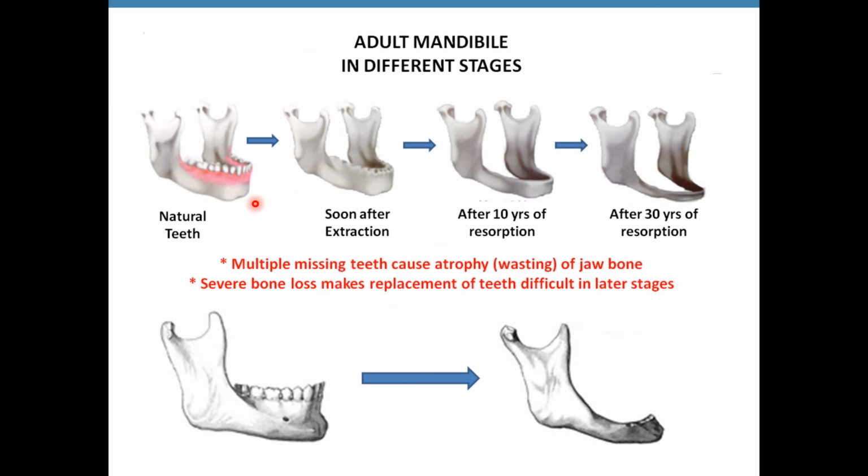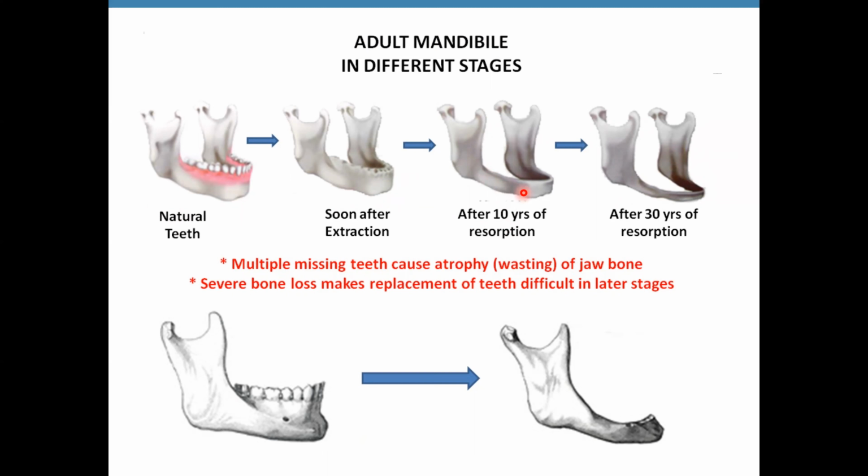In this diagram over here, you can see what can happen with the mandible if a patient loses natural teeth. When natural teeth are lost, you can see that's 10 years after this happened, right?